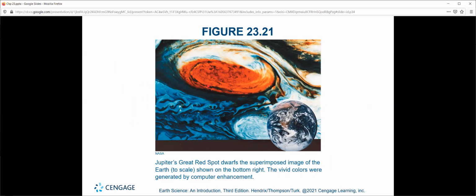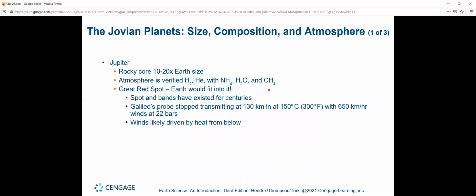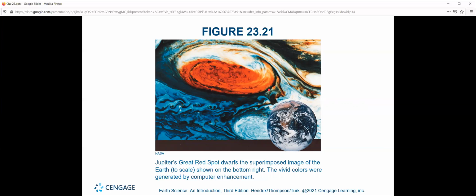Here's a very nice picture of the gigantic, always ongoing hurricane that's happening in the ridiculous atmosphere that is Jupiter. The vivid colors are a result of computer enhancement to show off the turbulent flows of this exciting mixture of all these gases at these incredible temperatures, pressures, and winds. Exciting stuff.